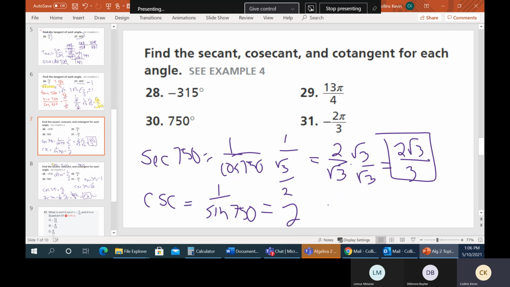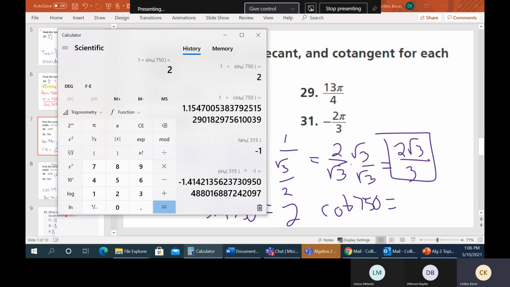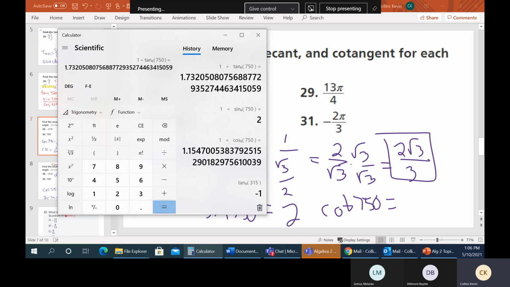And then cotangent of 750. That's going to be 1 over the tangent. So we go 1 divided by 750, and then take the tangent. There's a 0.577 like we got before.